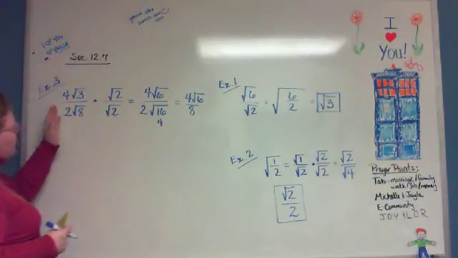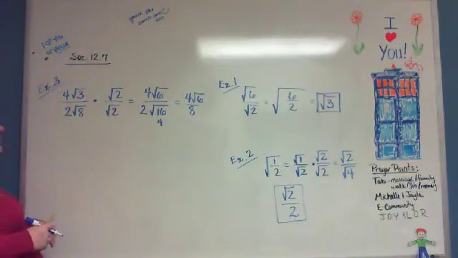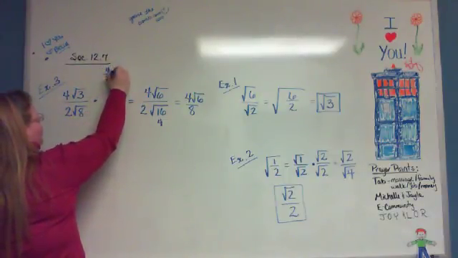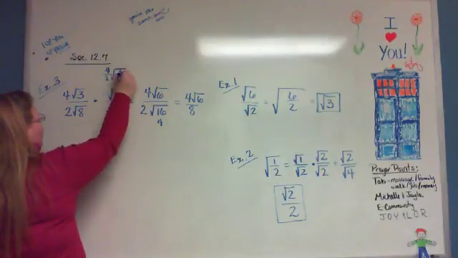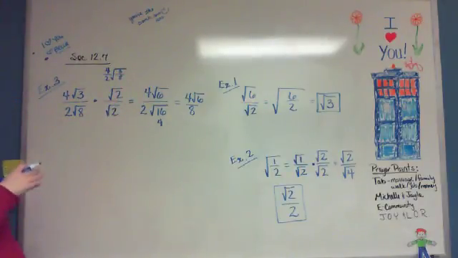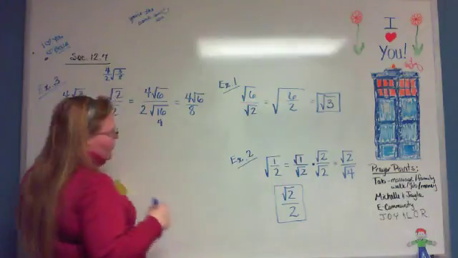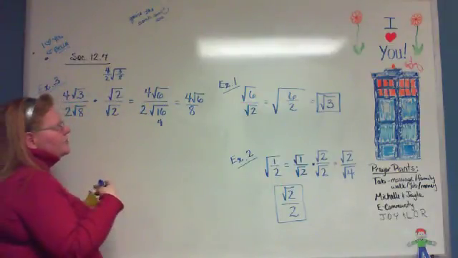So back over here, if we were doing division, you could have rewritten this as 4 over 2 times the square root of 3 over 8. Outside over outside and inside over inside, just like multiplication. So over here, this is outside and outside, and they can reduce. 4 and 8 reduce down.